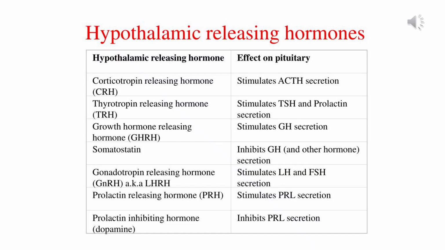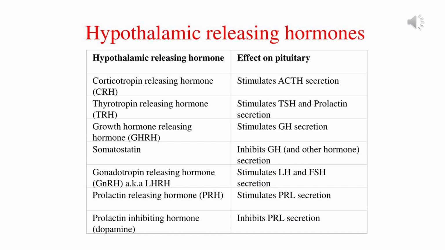Somatostatin and GHIH are the same thing. So you can see there that it inhibits the release of growth hormone. There is a time in life when that is necessary. Otherwise, you become either a giant or you become acromegalic.